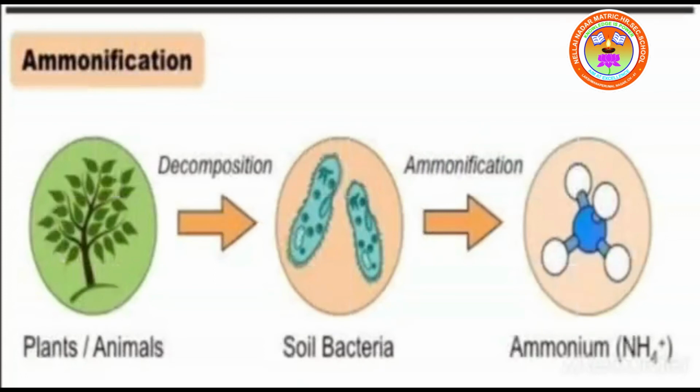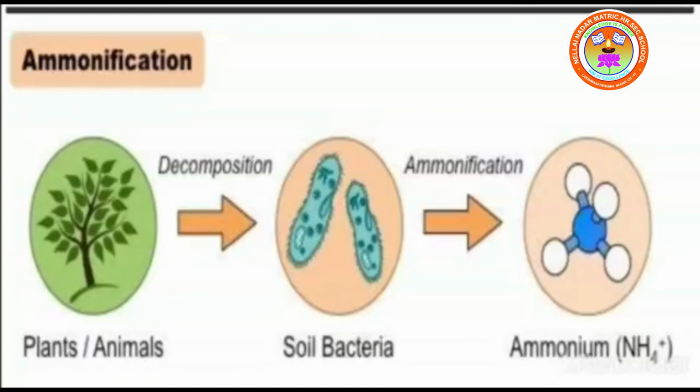Ammonification: the process of decomposition of nitrogenous waste by putrefying bacteria and fungi into ammonium compounds is called ammonification. Animal proteins are excreted in the form of urea, uric acid, or ammonia.